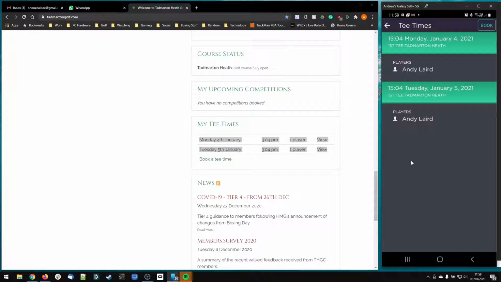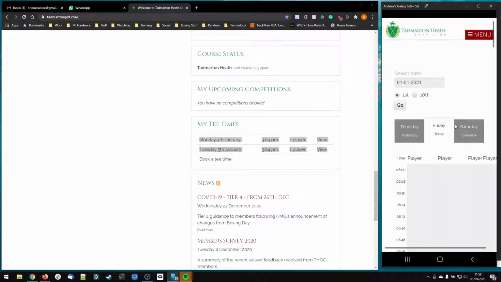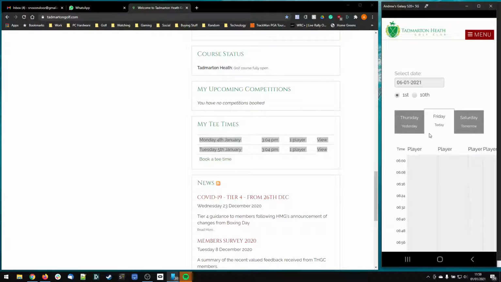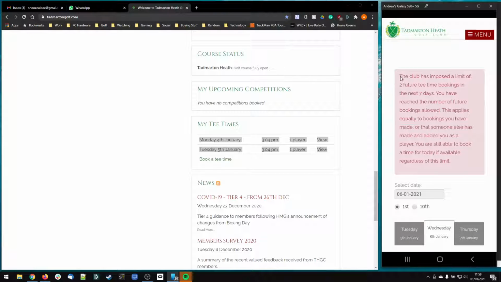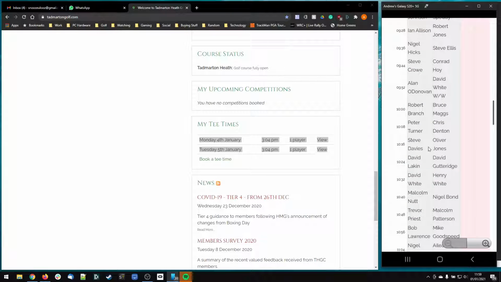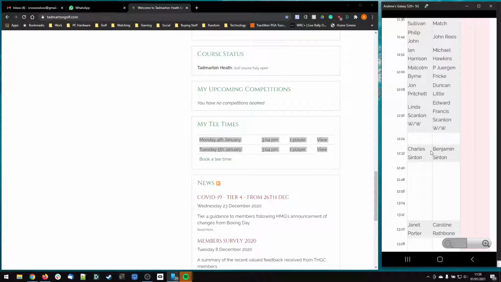If I want to book another tee time for Wednesday, I go on the app, for example, select Wednesday, and we'll see that I'm unable to book because the club has imposed a limit of 2 future bookings in the next 7 days. You've reached your number of future bookings. And you'll notice that I don't have any select buttons in empty spaces.